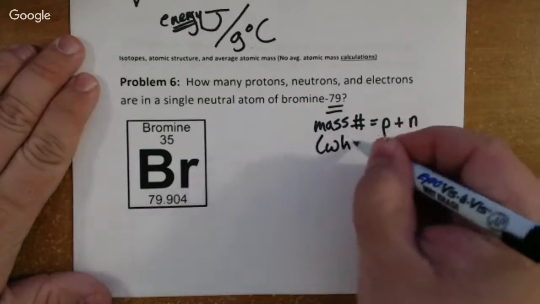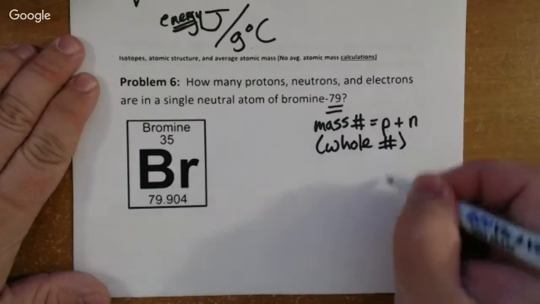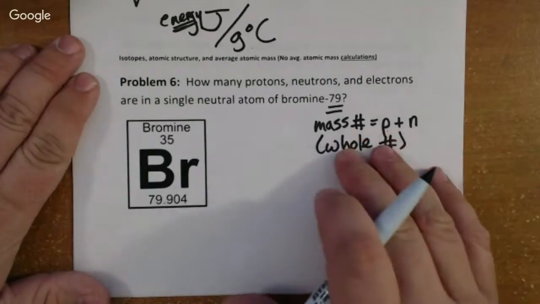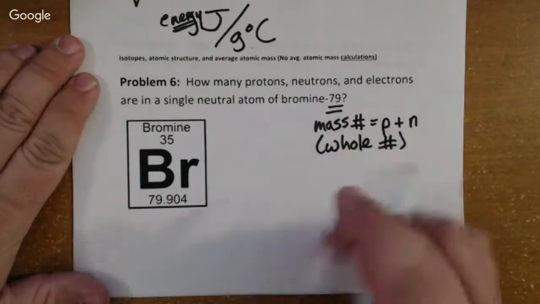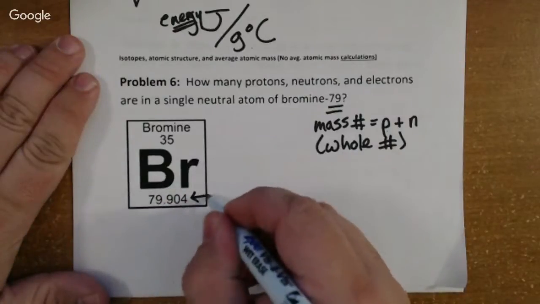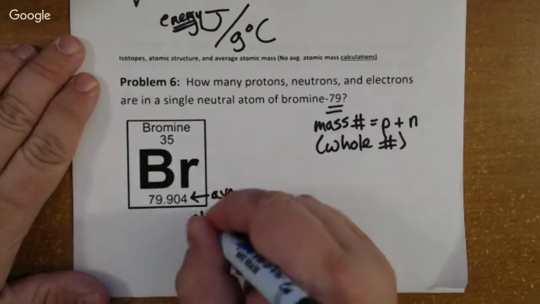And a little hint here, the mass number is always going to be a whole number. Mass number is confused very often with this number down here. This number down here is not the mass number, it's the average atomic mass.